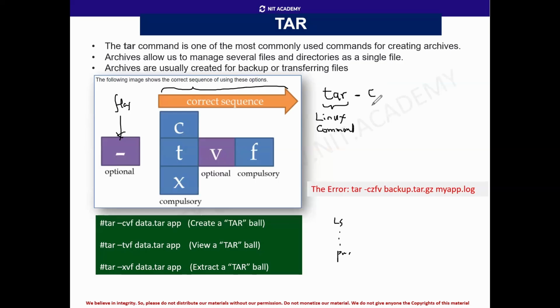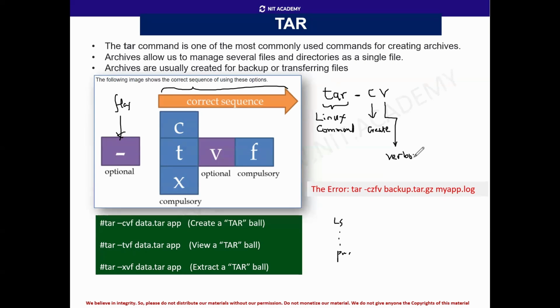C stands for create. That means I'm about to create something, right? V, and trust me, we have a hard time pronouncing V. Our V sounds like a W, but you have to forgive me. Verbose.